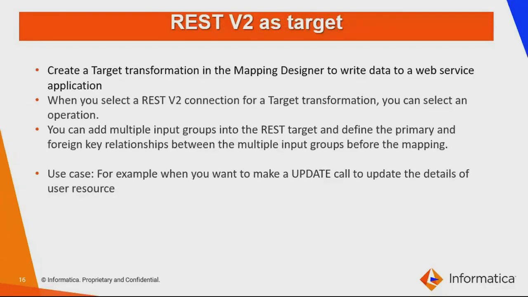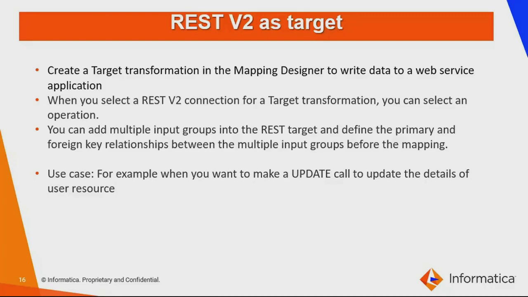REST V2 as target. You can use REST V2 connection as target transformation in the Mapping Designer to write data to a web service application. When you use REST V2 connector as a target transformation, you will be selecting the operation in the target.